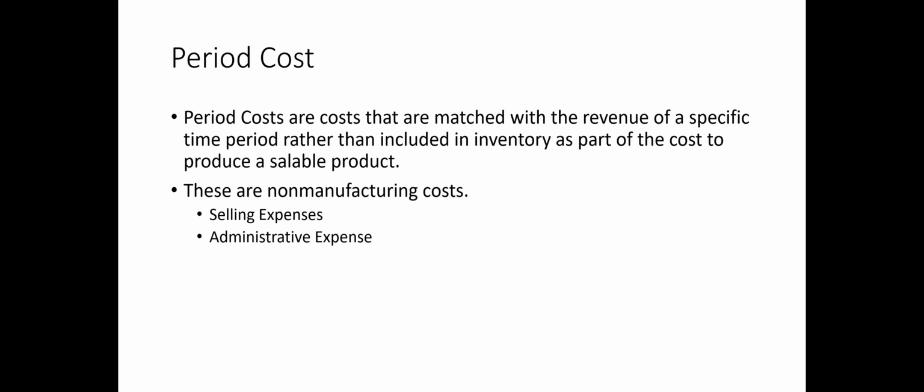They are called non-manufacturing costs, or administrative expense. Let's give an example of Apple. Apple has its headquarters in one of the cities in California. All the people sitting in Apple headquarters, their salaries are categorized as period cost, specifically administrative expense.